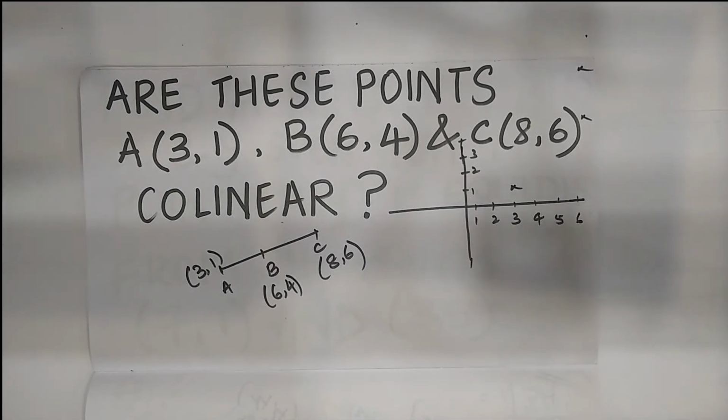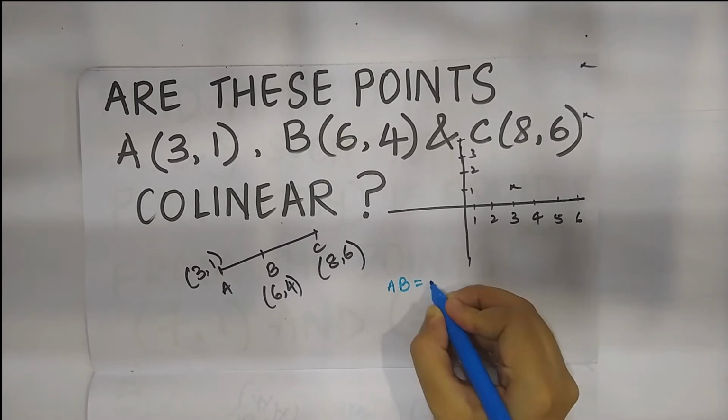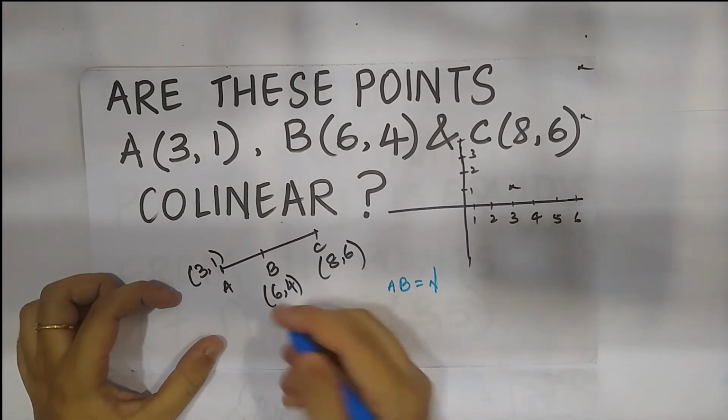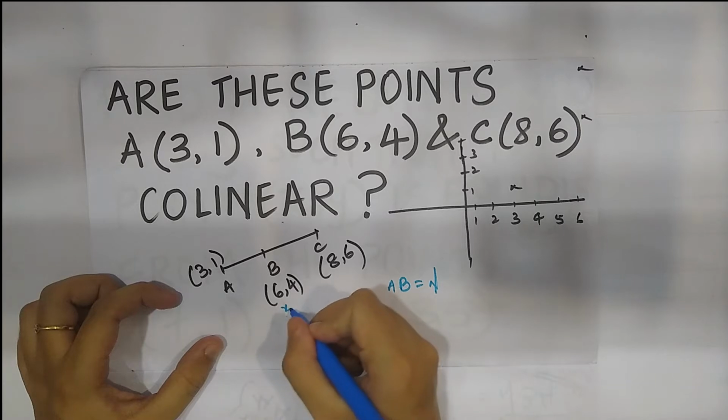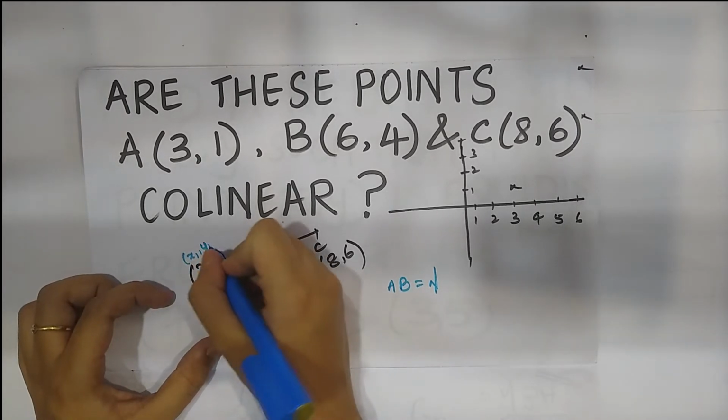Now, first we find the distance of AB by using these 2 coordinates. So let us find the distance of AB. To do that, we use the distance formula. The distance AB will be equal to the square root of (x2 minus x1) the whole square, plus (y2 minus y1) the whole square. Let us choose x2 as this, and x1 and y1 as this.